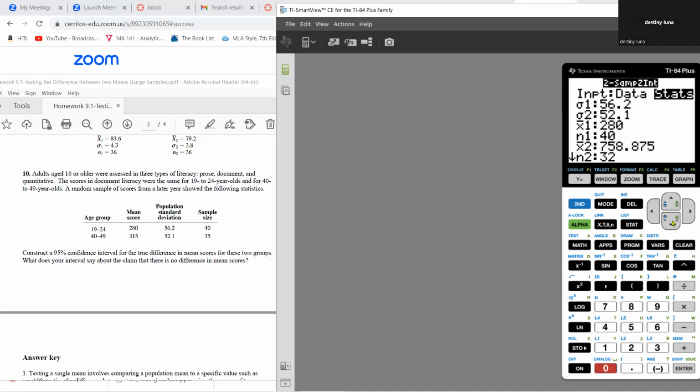Okay. Your sample mean for group 2 is 315. And your sample size for group 2 is 35.